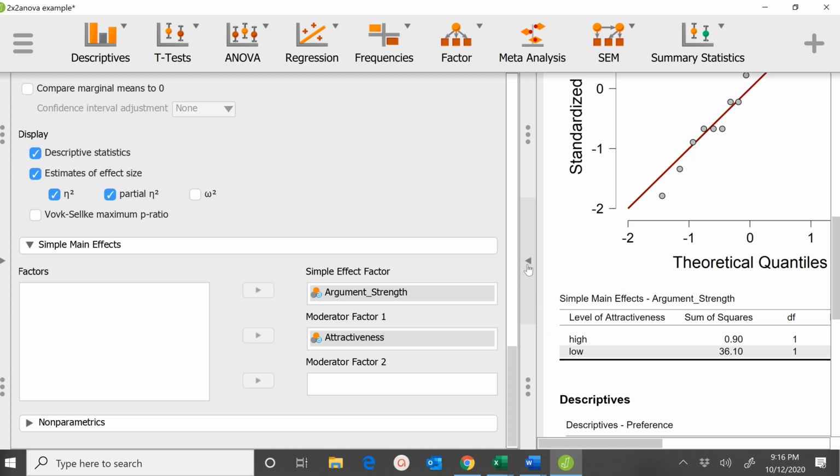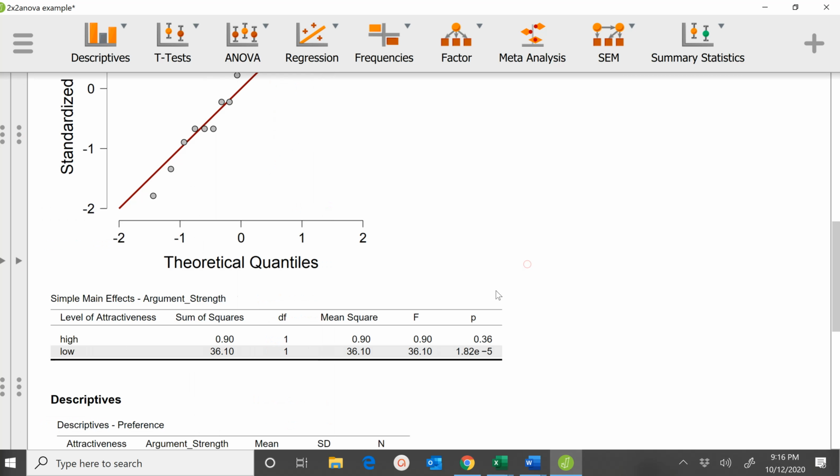So here's that table. We have now argument strength up here, and we see that for high attractiveness, argument strength doesn't matter, but for low attractiveness, argument strength does matter. So we've just switched out the focal independent variable and the moderator.